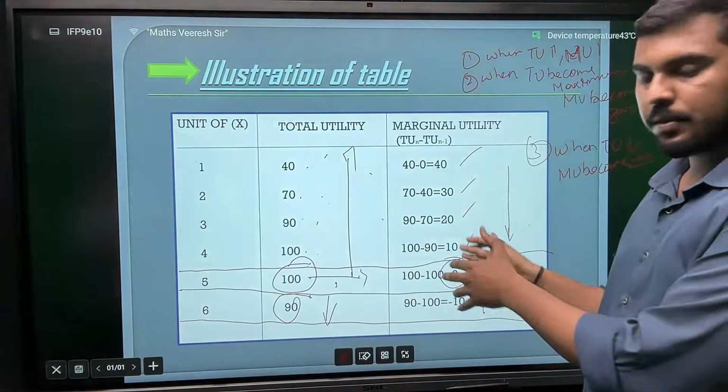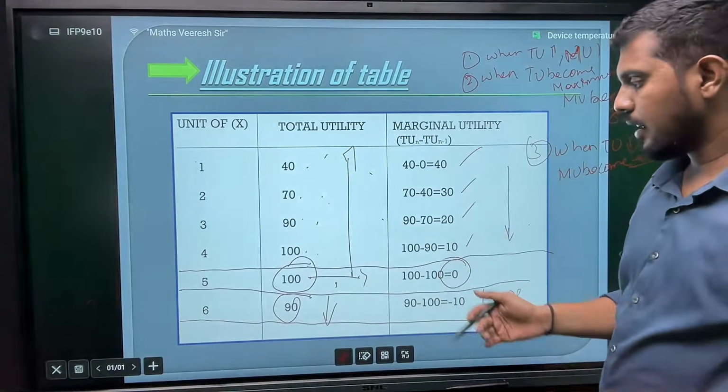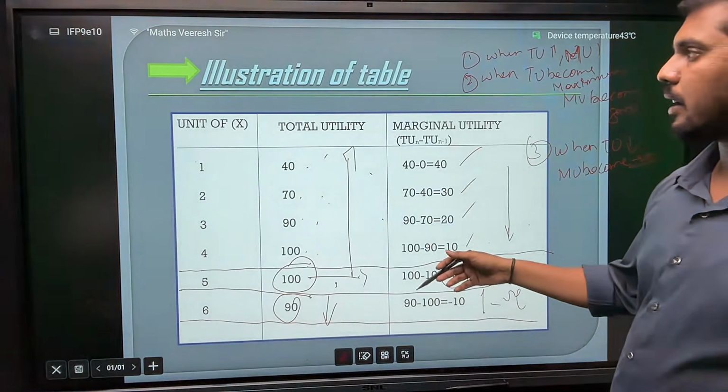So these are the 3 points. Below you have to write these down in the table. Next we will be explaining the graph.